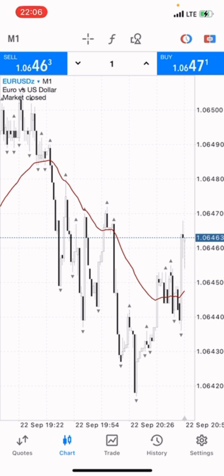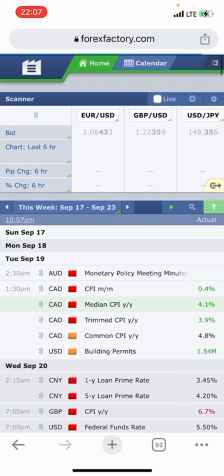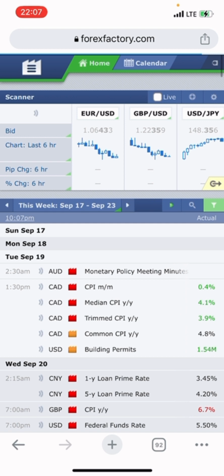Alright, the next thing you need to understand and take notice of while trading as a beginner is your economic indicators or your economic calendars. Economic indicators play a crucial role in forex trading.